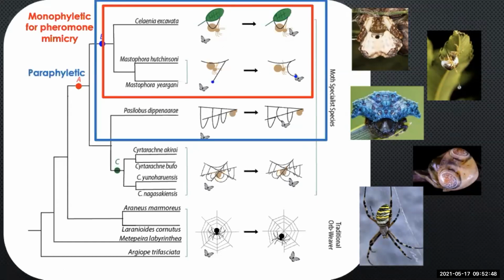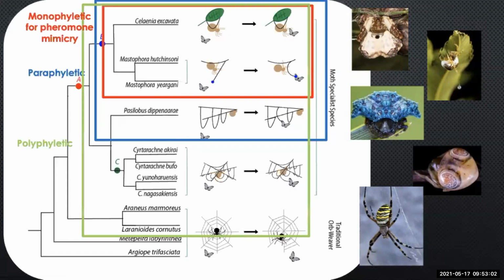If you then include these Placylobus spiders, you're including this species here, but you're not including Pseudarachne or any of these other descendants. That would be a paraphyletic group. And then this polyphyletic group would be including all of these spiders here, but not including their common ancestor or something of that nature.